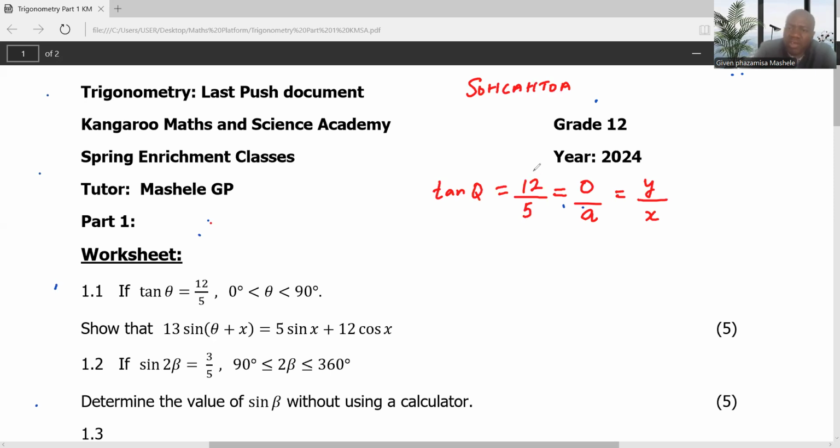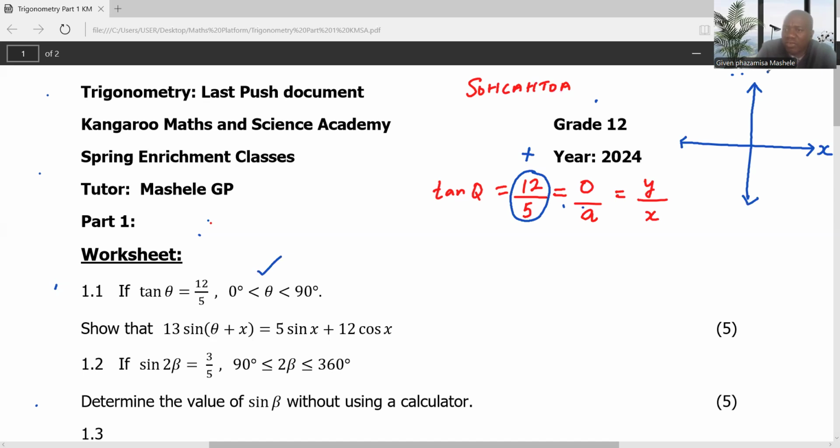This value, 12/5, is actually a positive value. And since we are given this boundary, we need to identify a quadrant where tan is positive. Remember, I believe you are able to use a reduction formula.